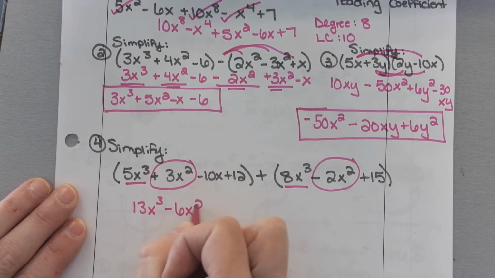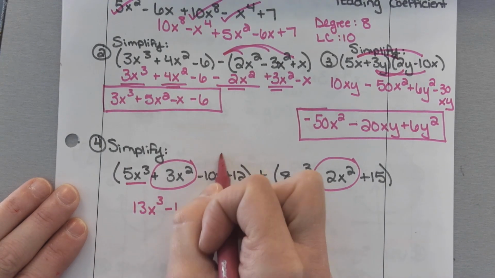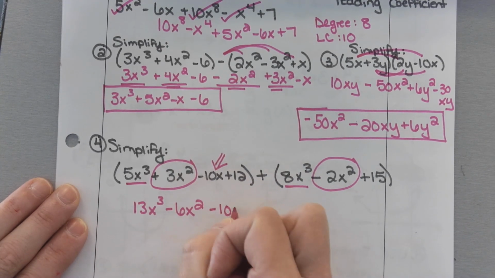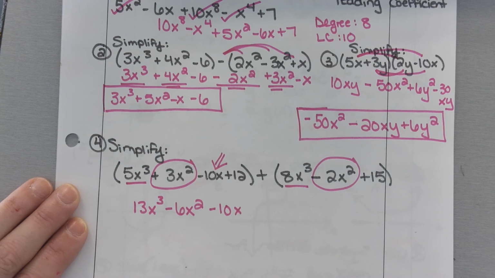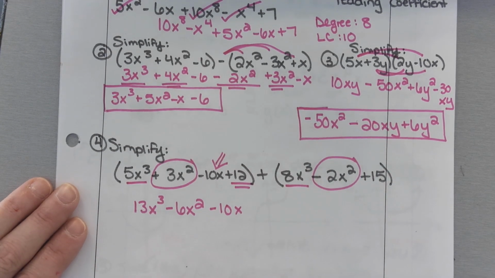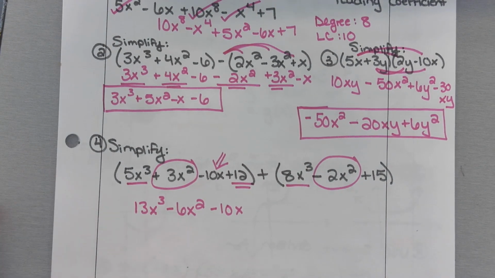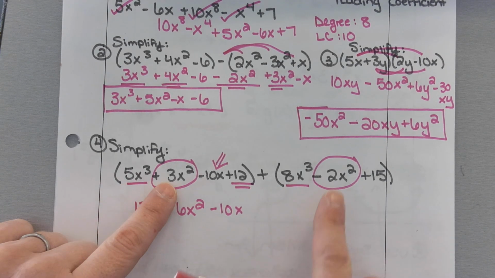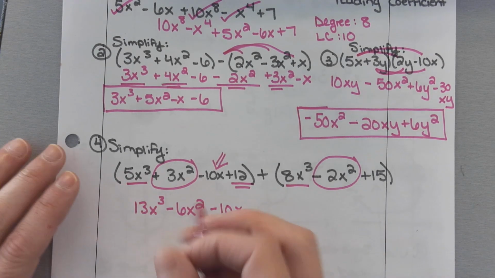I've got this minus 10x that doesn't have a buddy. And then I have, what did I do? Hold on, what did I do? Okay, 5 and 8 is 13. 2 minus 1 should just be 1x squared.